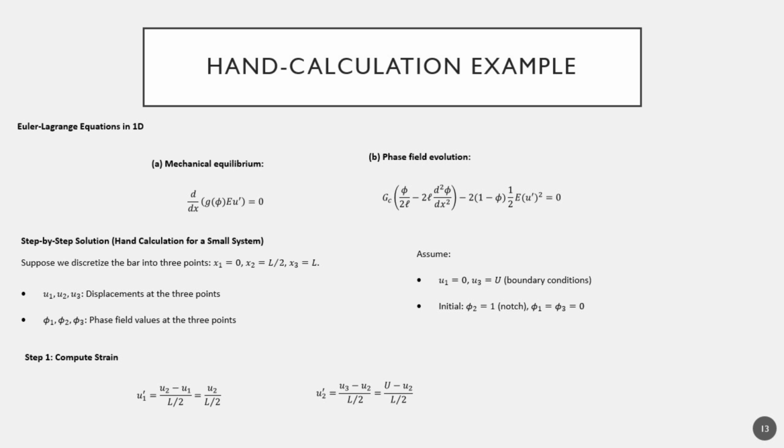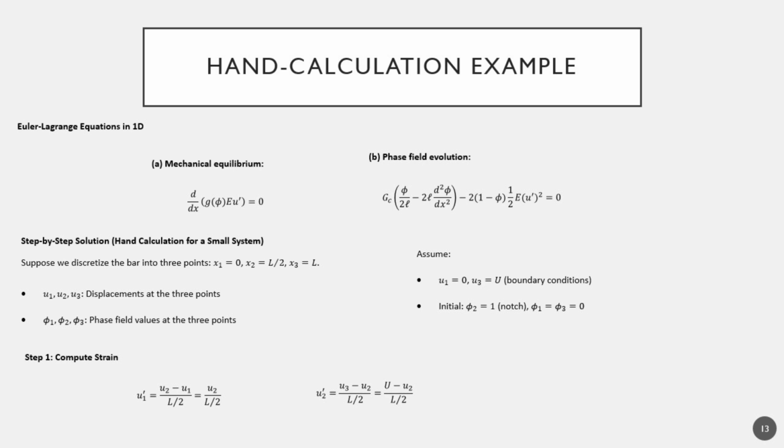We can do this in 3 steps, where the first part is to compute strain. For this, we first divide our material into 3 points. One point is at the initial, the starting length, the second point is at the end, and the third point is in the middle. Based on these points, we get 3 displacements, and we also get 3 phases. These are the points where we will do our calculations or observations.